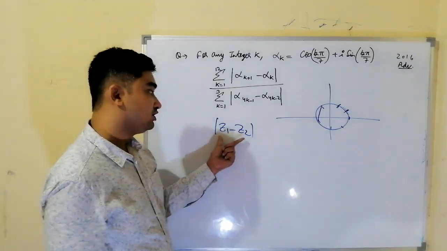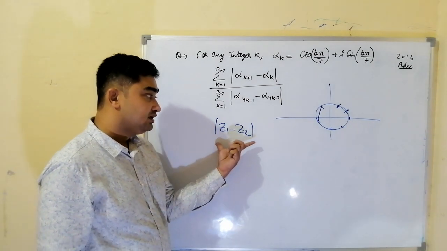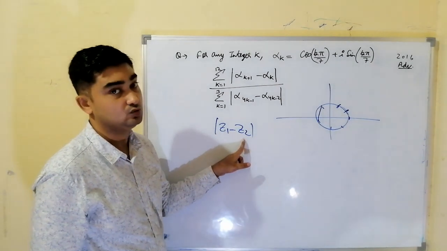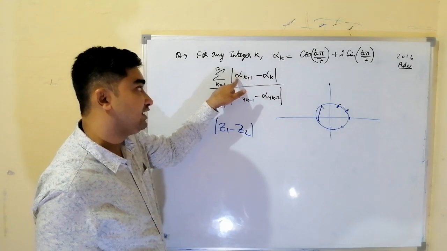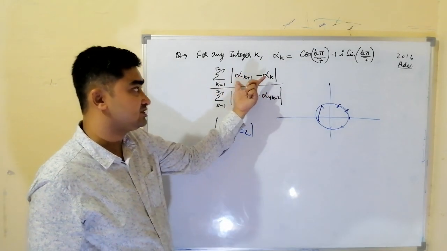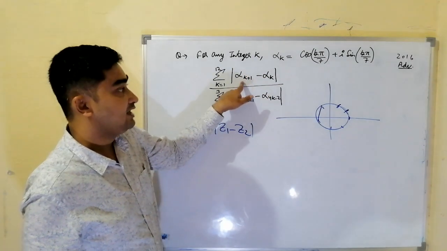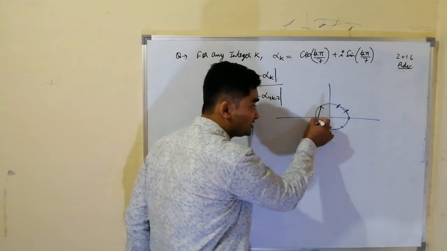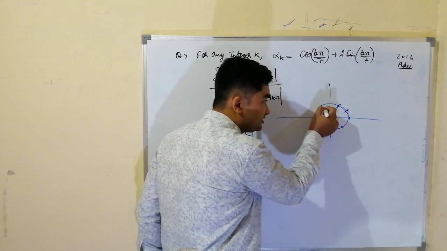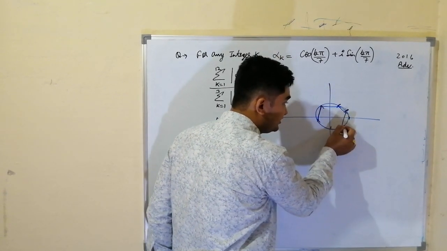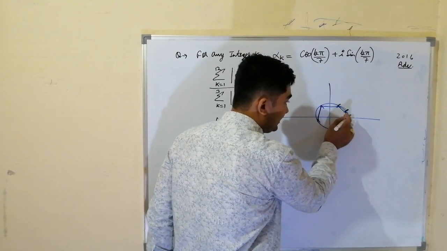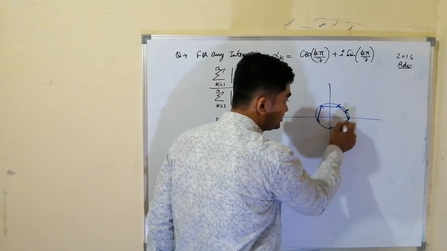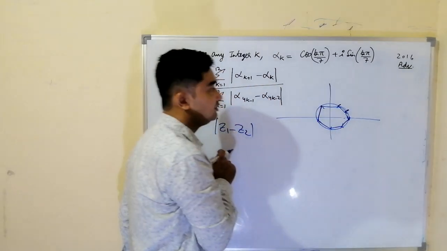Just now we have seen mod of z1 minus z2 is the distance between z1 and z2. So here also mod of alpha k plus 1 minus alpha k is the distance between alpha k plus 1 and alpha k. This distance, this distance, this, everywhere it is the same, because it makes a regular polygon.